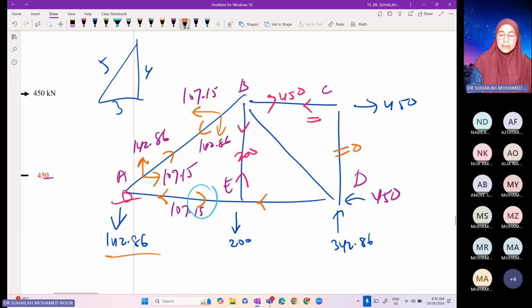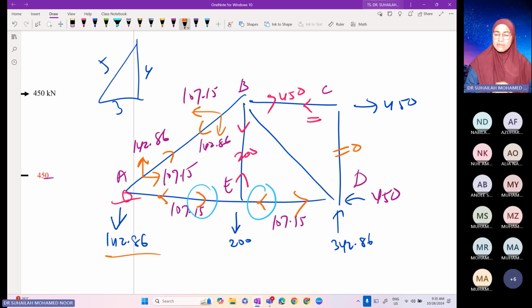Sebab dia balance kan, nampak tak? Dia balance kan dua tu. Maknanya nilai dia 107.15 juga. 107.15. Okay, 107.15. Ini dia.